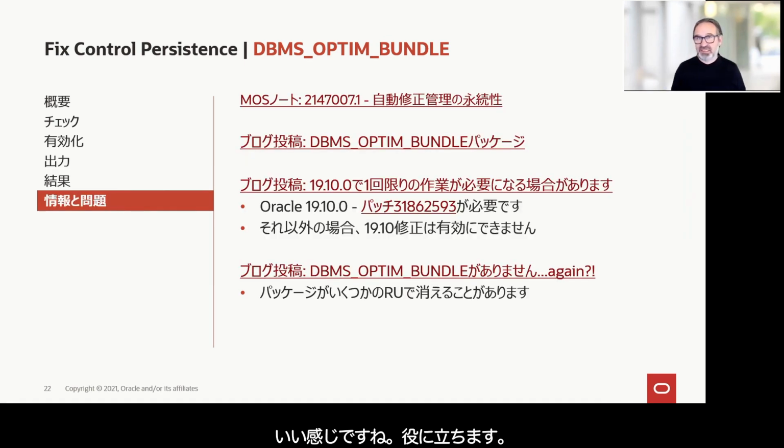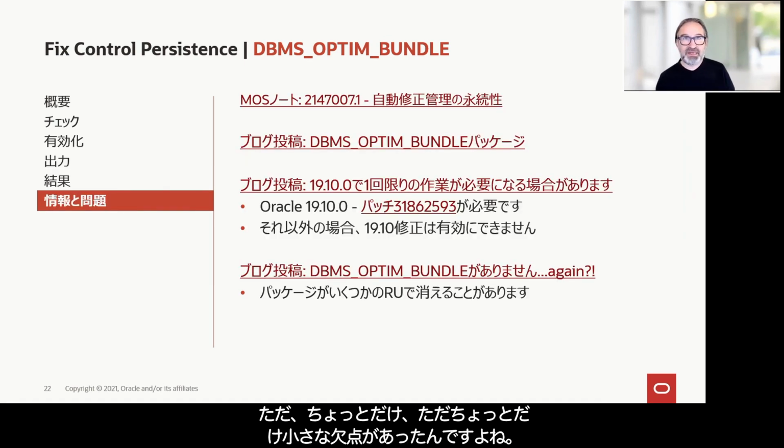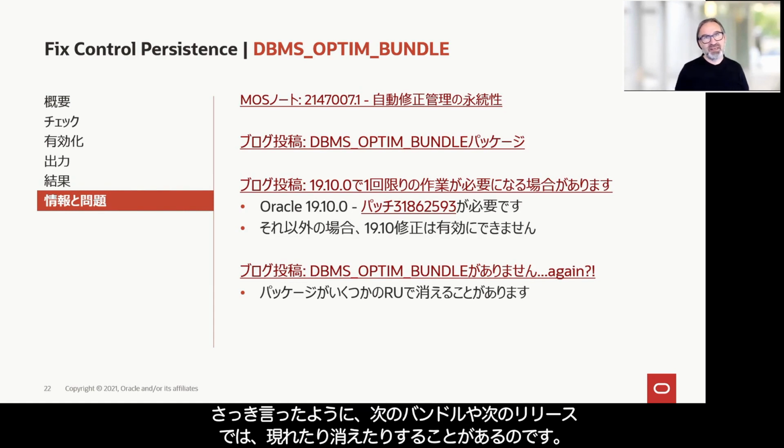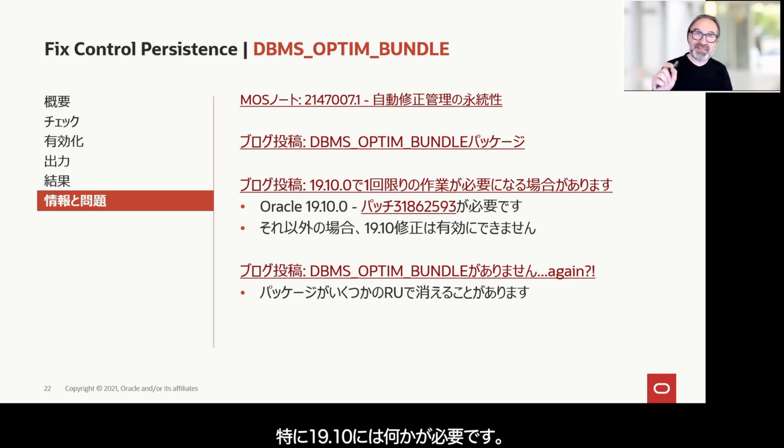It sounds good. It's helpful. It's just sometimes, I would say, it had some tiny little flaws. So as I said before, in some cases, it appeared and disappeared again in the next bundle or in the next release. And especially for 19.10, you need something.